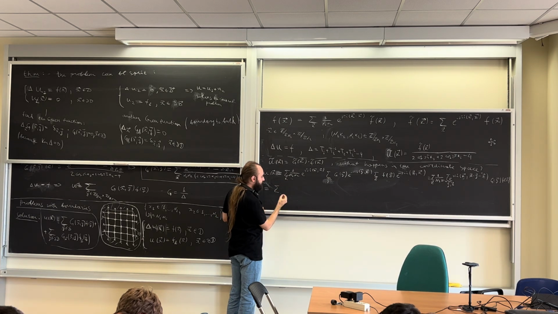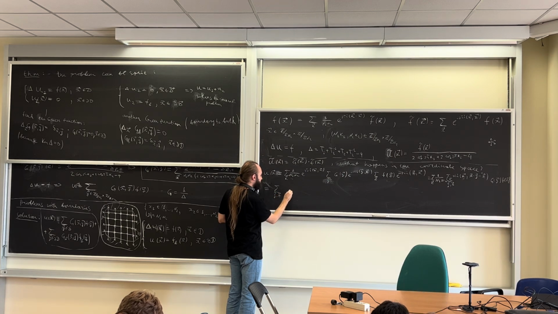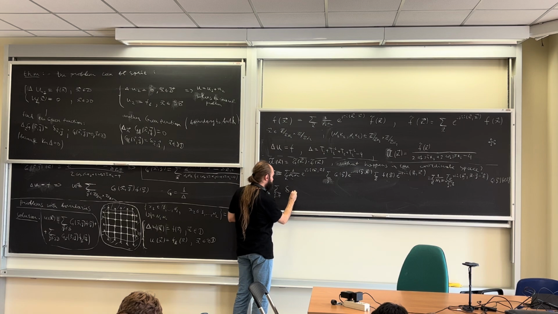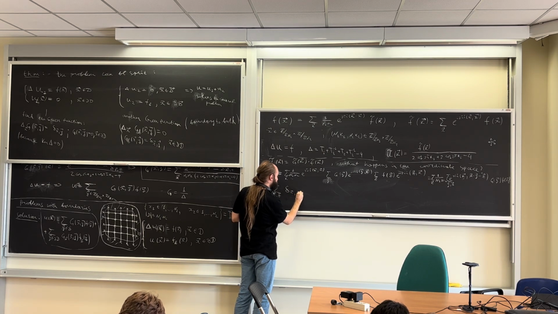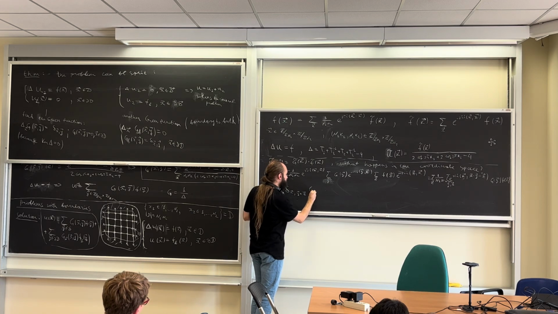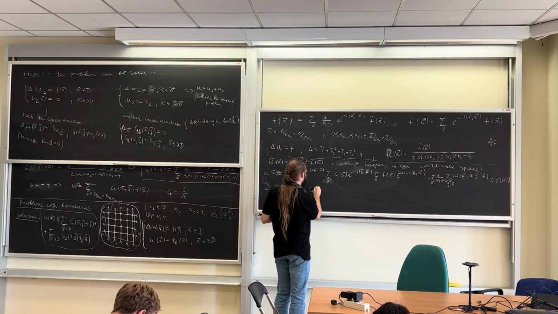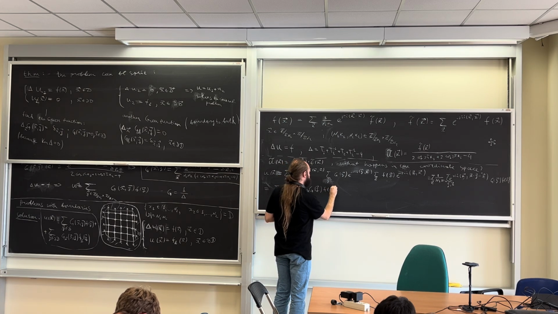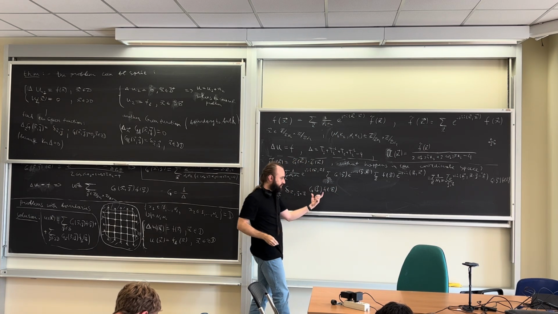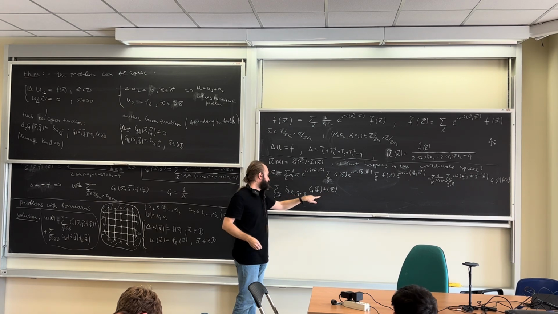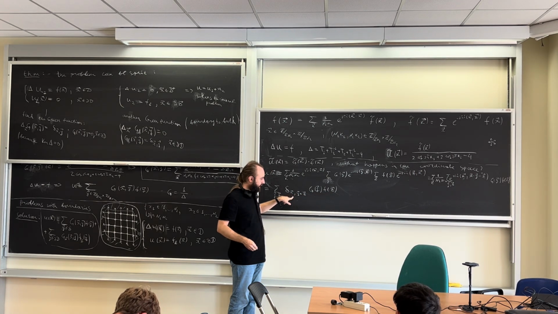So we have the sum over y and z of delta of x, y plus z, and g of y, f of z. So we have the sum where the sum of the arguments of the two functions equals x.